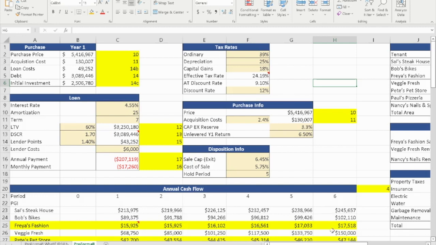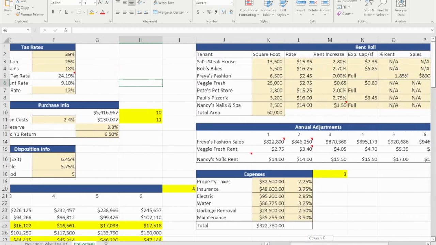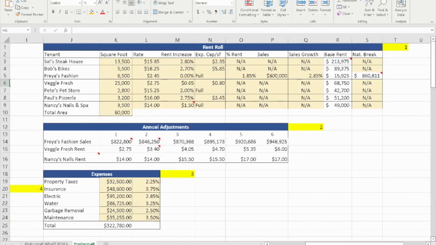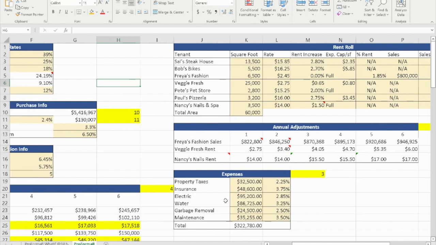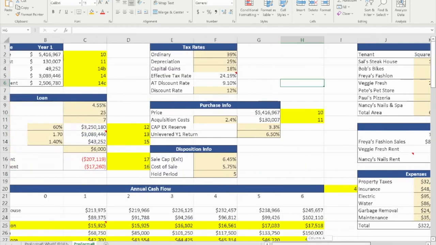But before I do that, I want to do a quick recap of what we covered in class. When we were given this exercise, we started with the rent roll. So we calculated the base rent for all of the tenants in this building. We calculated the annual adjustments for those that needed them. We created the expense table, calculating the total expense for this property.